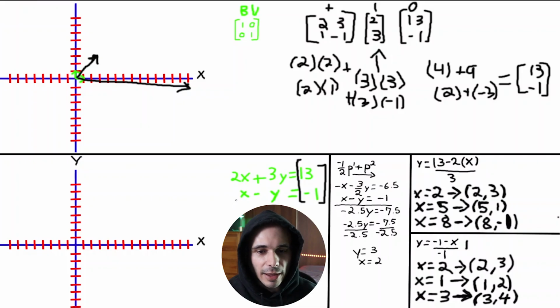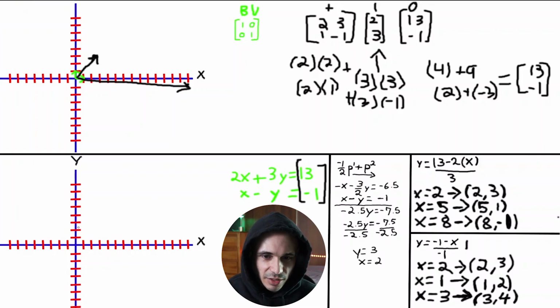We're just finding y by plugging in different x values. These are the coordinates that we get from plugging in 2, 5, 8 as x. For x, y, we get (2, 3), (5, 1), (8, negative 1). And for the other one, when we plug in 2, 1, 3 as x values, we get (2, 3), (1, 2), and (3, 4).